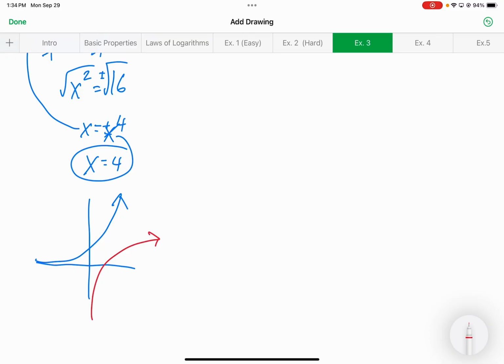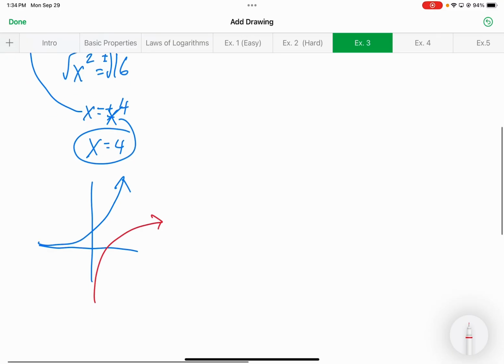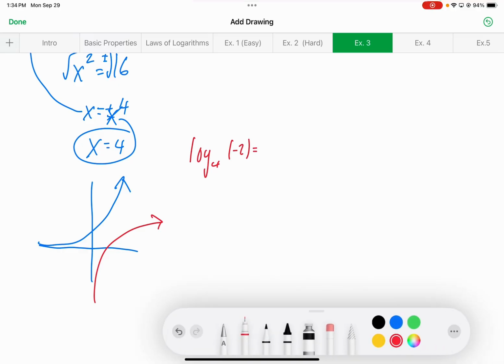So if we have like log base 4 of negative 2, is that what you're saying? Your calculator is going to get really mad at you if you try. But like what if the base is negative? You won't have any with a negative base. That's just not possible. Right. Yep, we won't do any with a negative base.